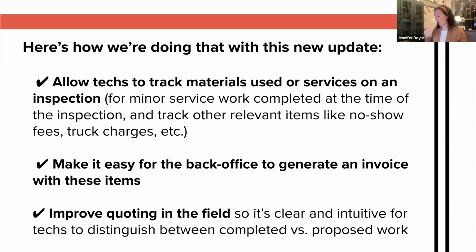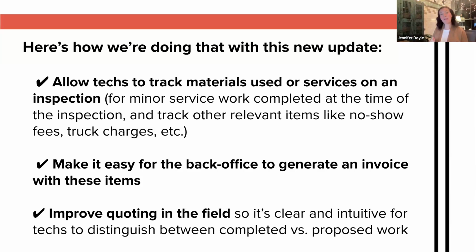Maybe you have a contract that allows you to do X amount of dollars worth of work on site. You have the material there. You can quickly perform the service while you're there. Also, maybe relevant charges that you accrued during that inspection, a truck charge, mileage, whatever it might be, you can now add that to the inspection.